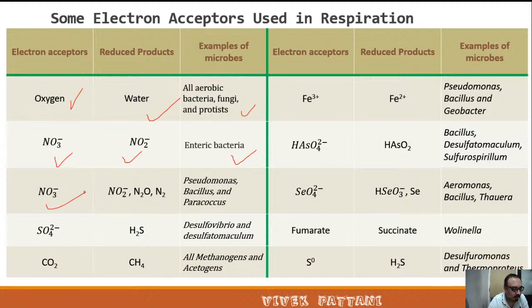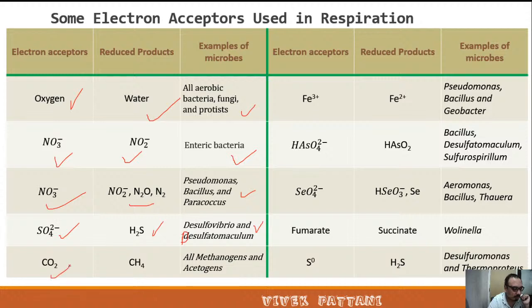Next one, where nitrites will be converted into NO2 minus, N2O or N2. This process is basically a denitrification process, and the organisms involved are Pseudomonas, Bacillus and Paracoccus. Sulfates will be converted into hydrogen sulfide, H2S. Examples are Desulfovibrio and Desulfotomaculum.